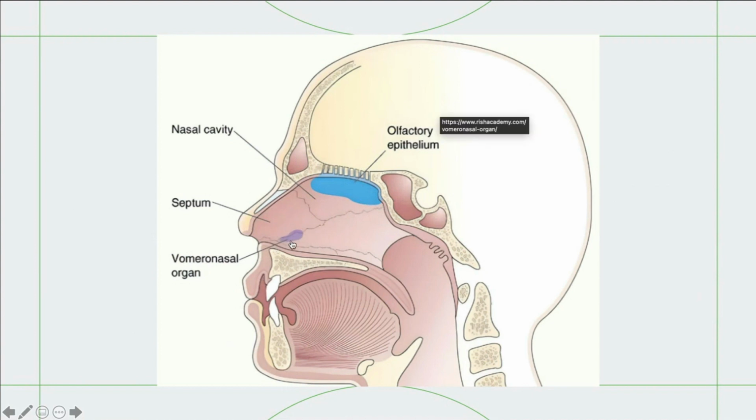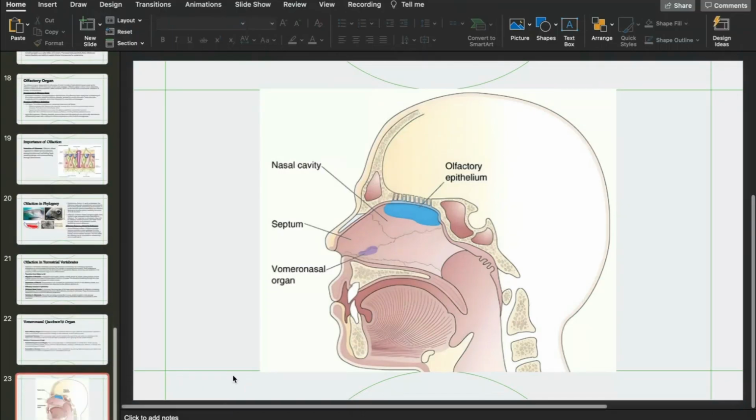In humans, it is quite small because we don't really have this ability. I mean, we have the ability to detect odorants that are in much smaller concentration, but in comparison to other animals, like as we said, dogs and cats, they have a better defined vomeronasal organ than we do. Okay, and that was the end.